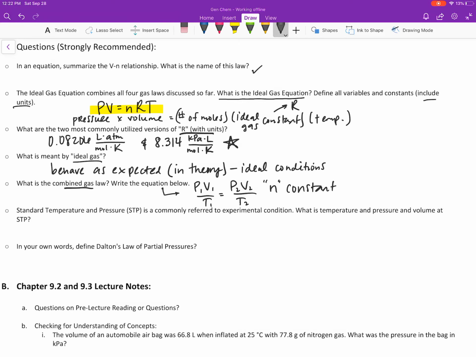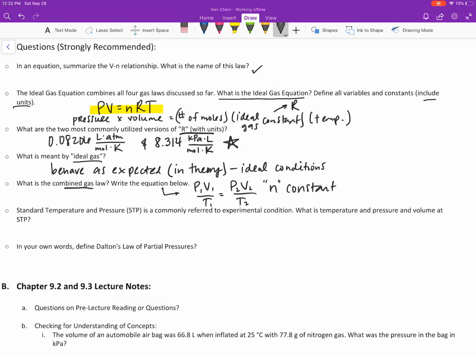These are values that you need to know. At standard temperature, we're talking about 273.15 Kelvin. Pressure is 1 atmosphere, so sea level. And the standard volume is 22.4 liters. These are the experimental conditions at STP.